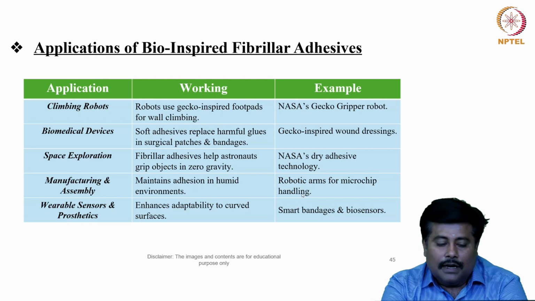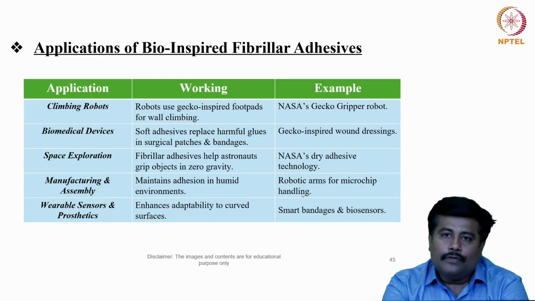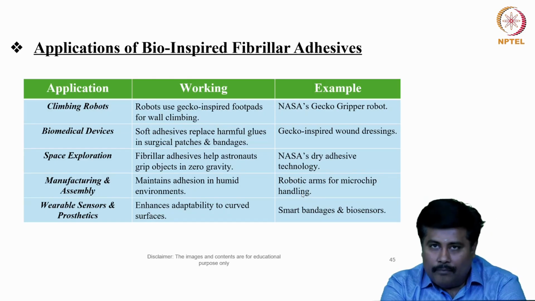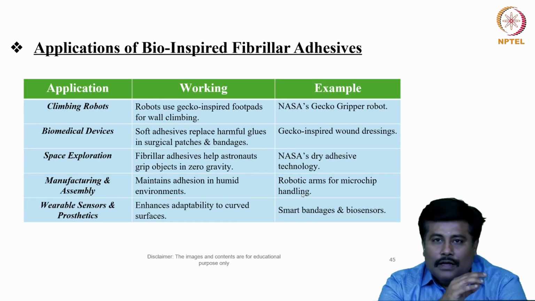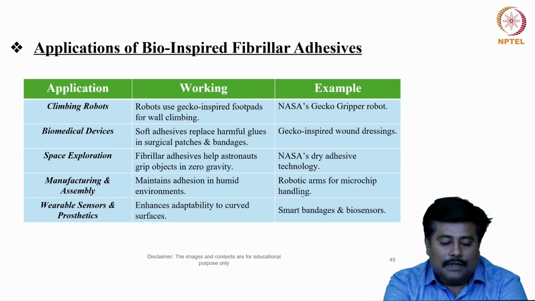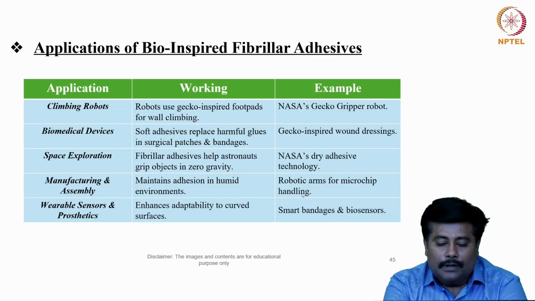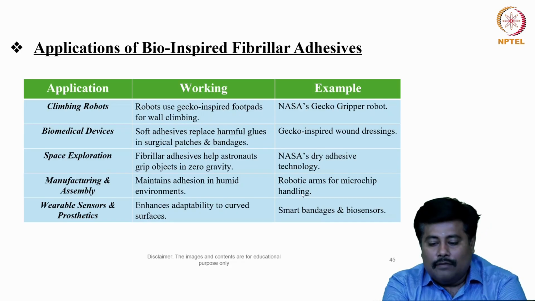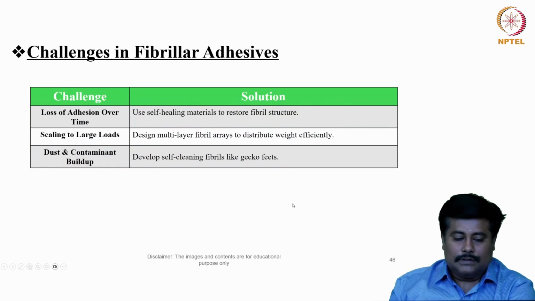In manufacturing and assembly, it maintains adhesion in humid environments, and a robotic arm for microchip handling is one good example where such adhesion-based structures can be deployed. For wearable sensors and prosthetics, these enhance adaptability to curved surfaces, and examples include smart bandages and biosensors.